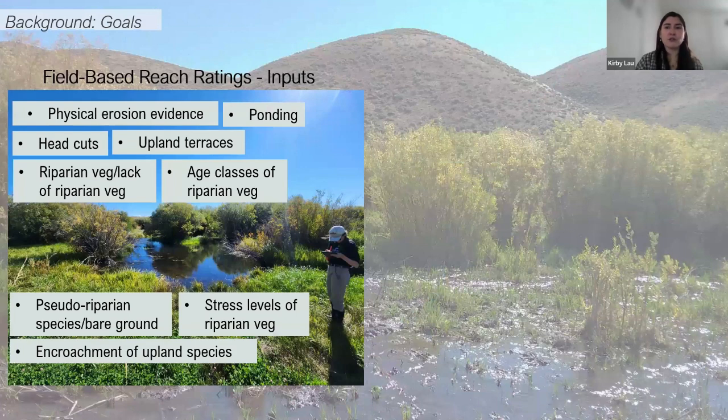But these two rating methods do actually differ in their inputs. You can see some of the things we noted in the field that helped us determine each reach status on the left, which included things like head cuts and upland terraces and stress levels of the riparian vegetation and the encroachment of upland species, all things that we touched on in the first part of the presentation.